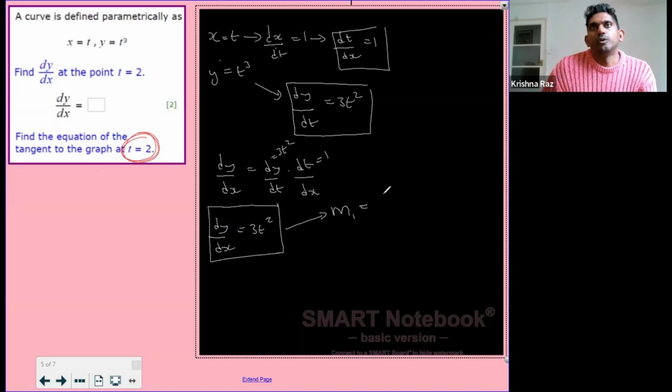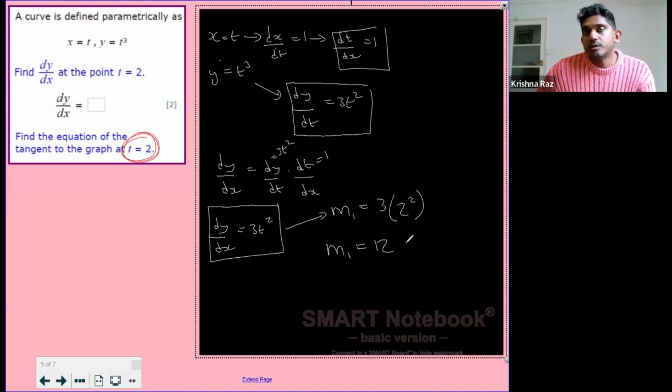So m1 will be 3 times 2 squared, so 12. If we had been asked the gradient of the normal, we would do the negative reciprocal of that, and then we would proceed from there. But we weren't, so I'll just stick with this.